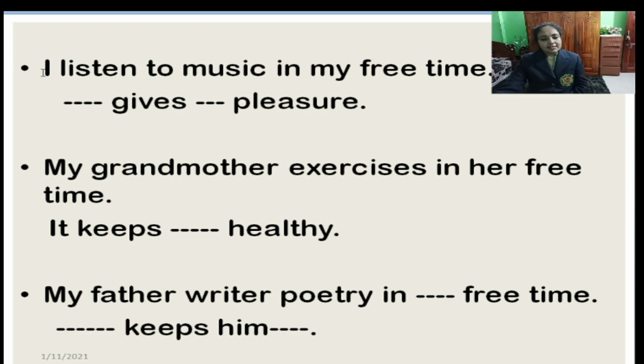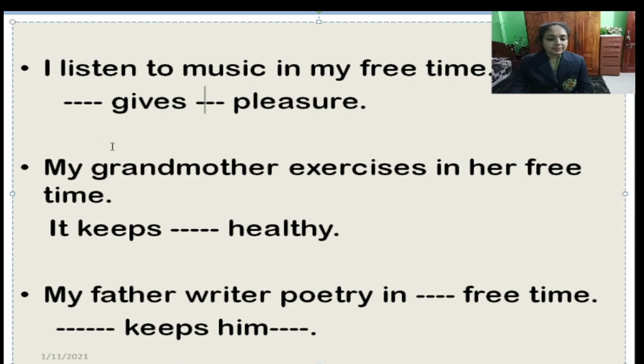In the next sentence, the answer can be it, in place of listening to music. As we have taken here I, me, pleasure, our answer would be: it gives me pleasure.